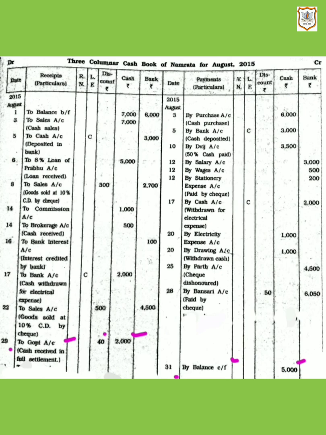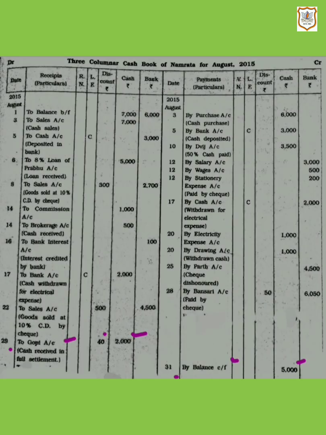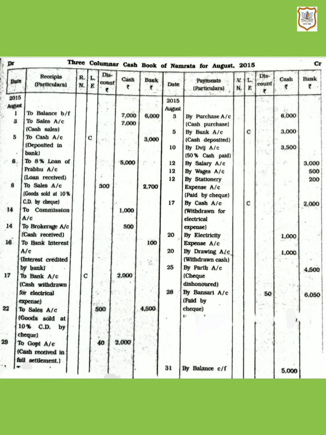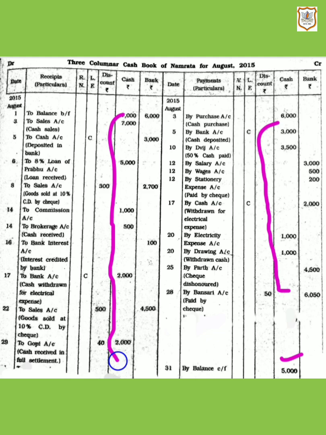Further, it is given that the remaining amount is deposited in the bank. Now this is the important point. Here we need to find out the amount deposited in the bank, which will be found by subtracting total payment in the cash column and the closing cash balance, that is 5,000, from total receipt in the cash column.